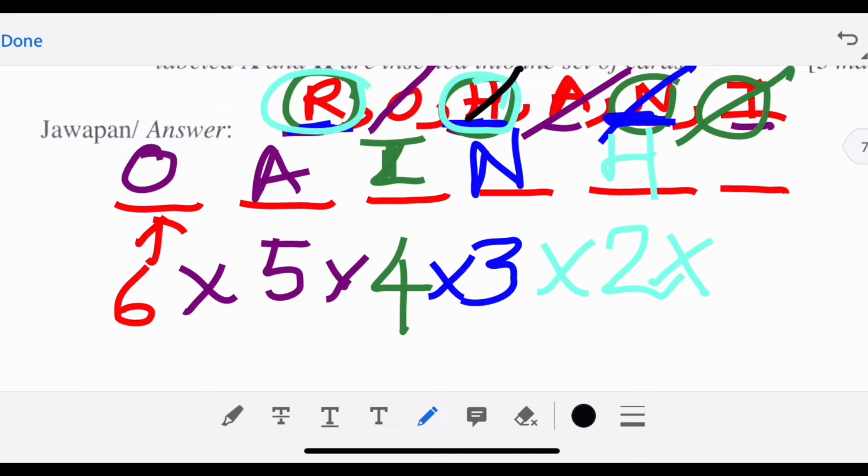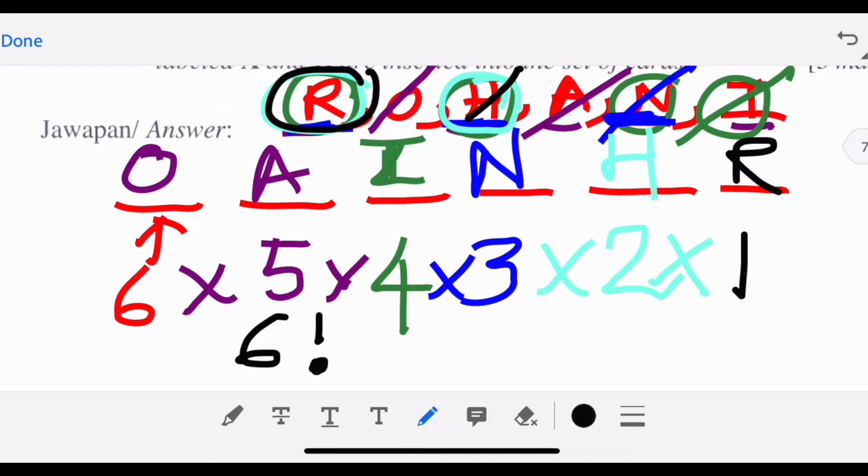This one is used already, which is R. So I have 1 way, which is R. This is how we arrange in order. Instead of doing it this way, we can say we are arranging all the 6 letters, or 6P6, right? So the answer will be the same.